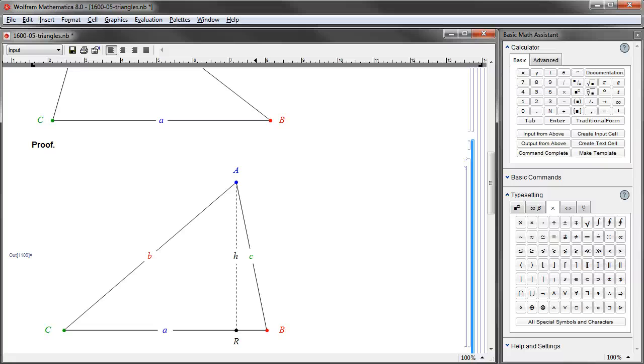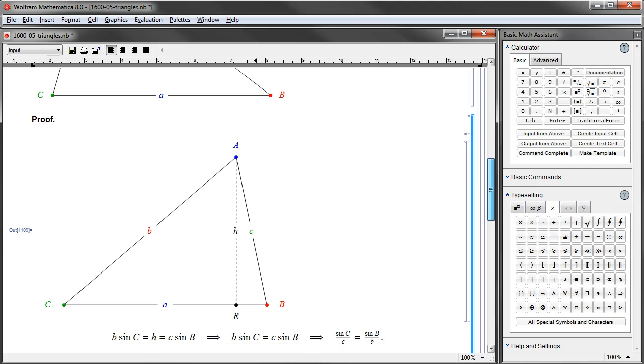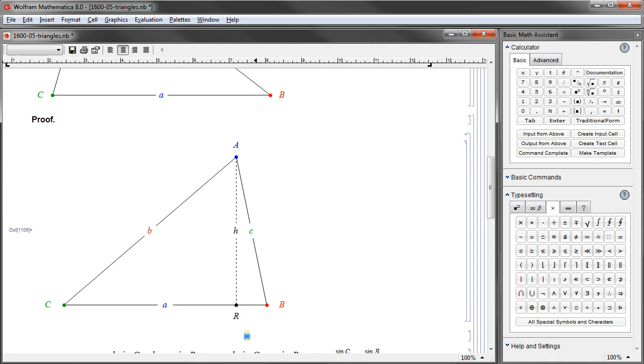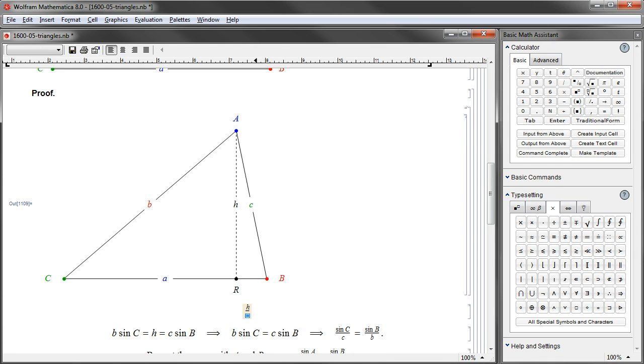In the left hand side we have the angle capital C, and then hypotenuse small b. Consequently, H over b is equal to sine of capital C, and consequently we get b sine of C is equal to H.